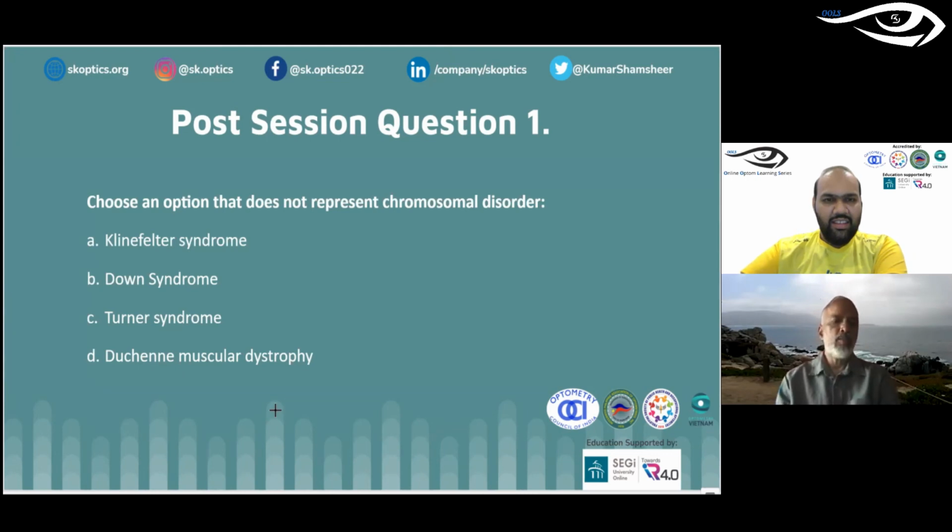Klinefelter is XXY. That's a chromosomal disorder. Down syndrome is trisomy 21. That's another chromosomal disorder. Turner syndrome is 45,X. In fact, I did tell that by mistake, but it doesn't have another sex chromosome. So all these three are chromosomal disorders. The only one, which is Duchenne muscular dystrophy, is a gene on the X chromosome.